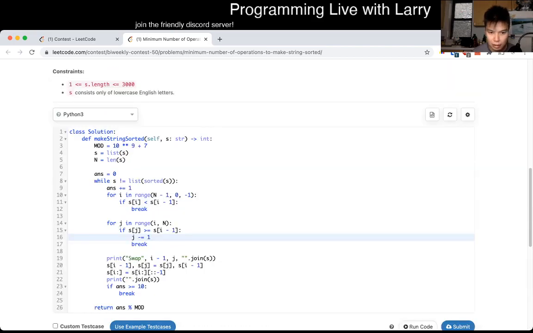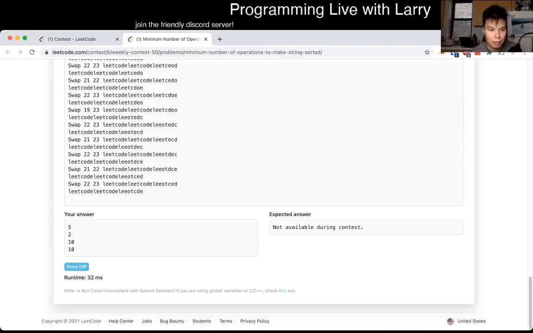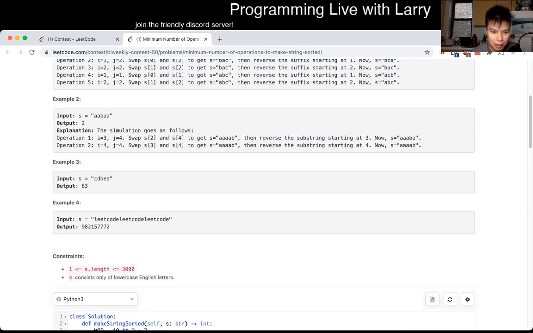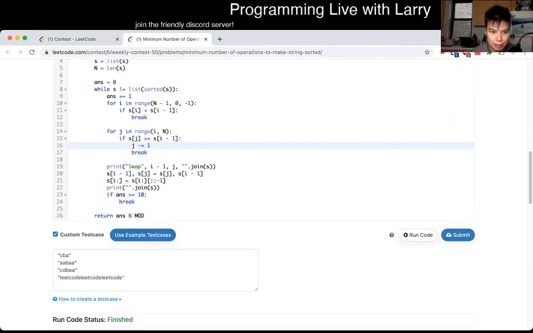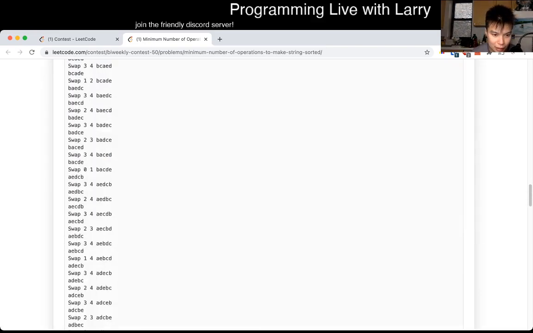Okay. So far. I mean, we don't expect this one to be right, but that's fine. Okay, so now we have the correct code. It's just going to be taking way too long.